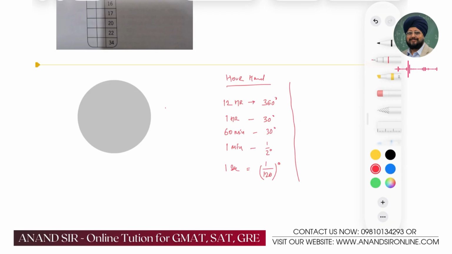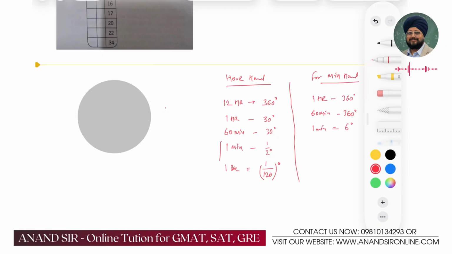For the minute hand, in 1 hour, it covers 360 degrees. That is, in 60 minutes, it covers 360 degrees. So in 1 minute, it covers 6 degrees, right?